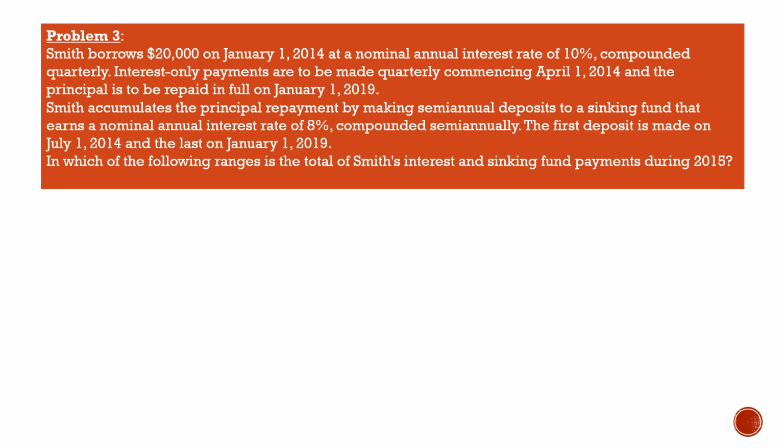So here the interest paid to the lender is using 10% compounded quarterly. That means each quarter the lender earns an interest of 2.5%. So in a year we have 4 quarters. And under the sinking fund method, the interest is compounded semi-annually, and the deposit is made semi-annually.